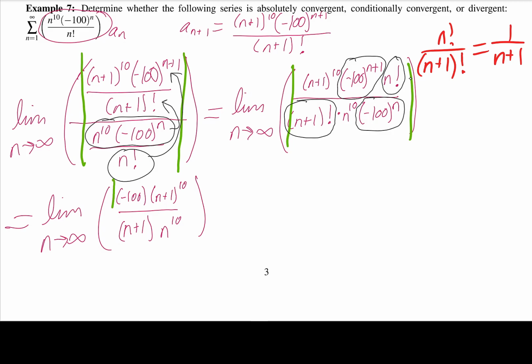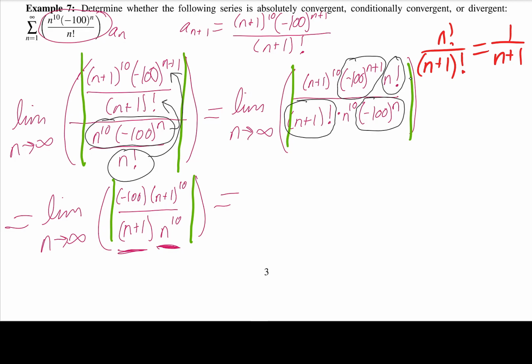Okay, so I'll need to take an absolute value of this. Now, the absolute value will just get rid of this negative on the negative 100. And using our highest order rule, what's happening is that when this and this multiply out, we're going to get an n to the 11th on bottom. But the highest degree we'll have on top is going to be an n to the 10th.